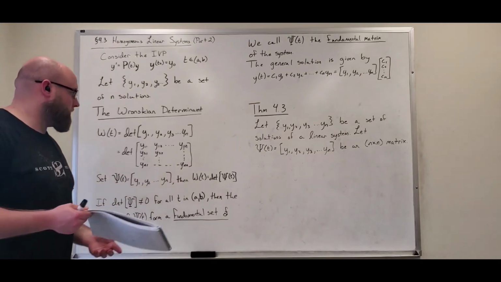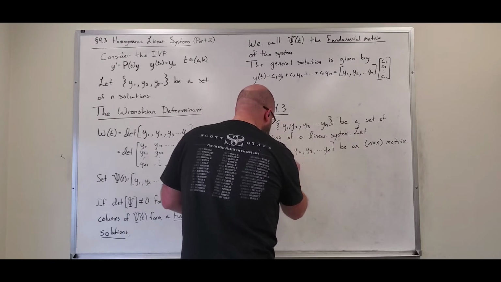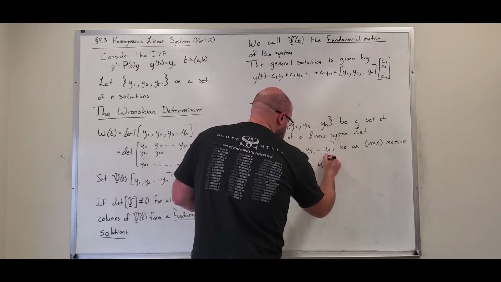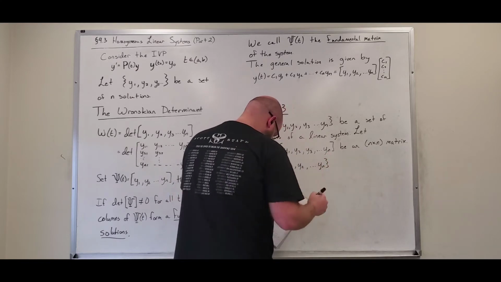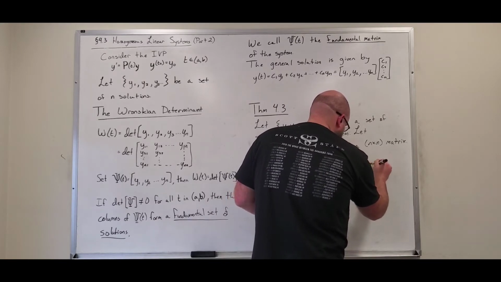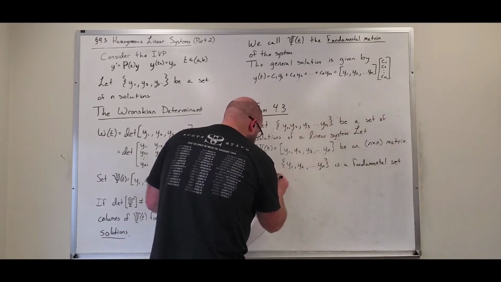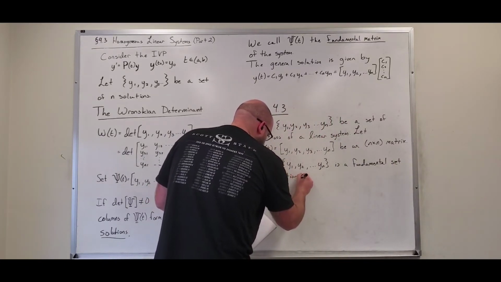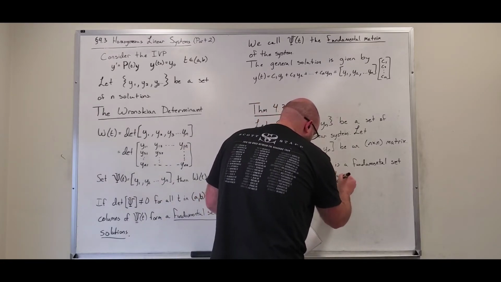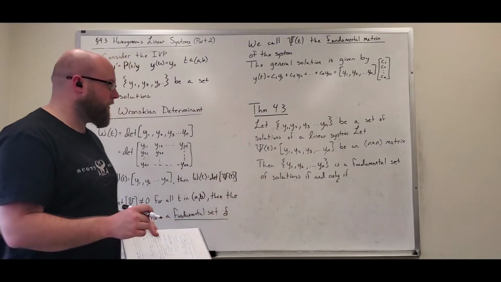So with those guys, once we have that format, then the set y1, y2, y sub n is a fundamental set of solutions if and only if, now if you want mathematical shorthand, that's that IFF that we've talked about in previous lectures.